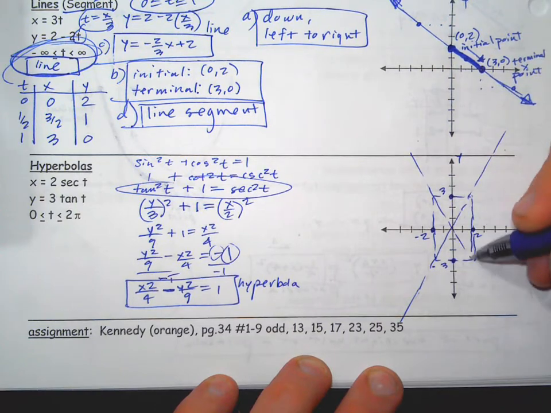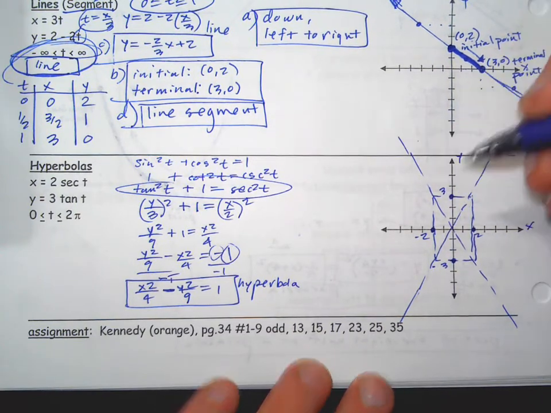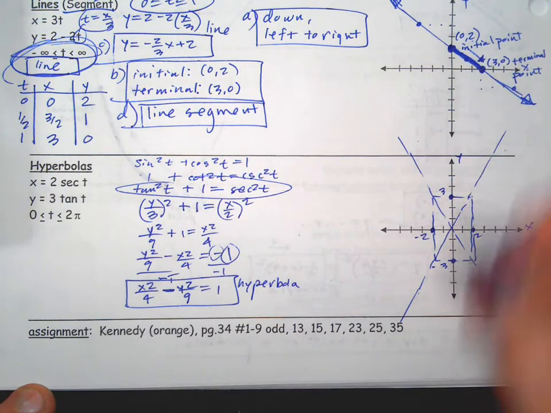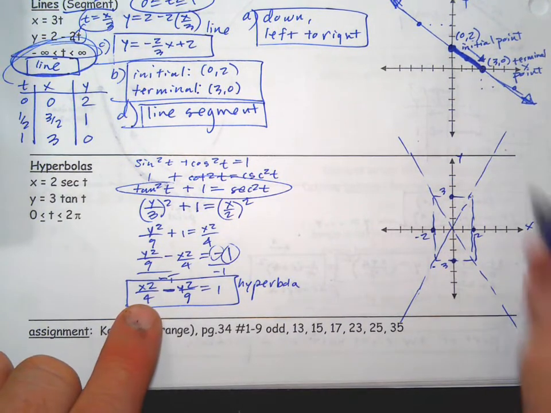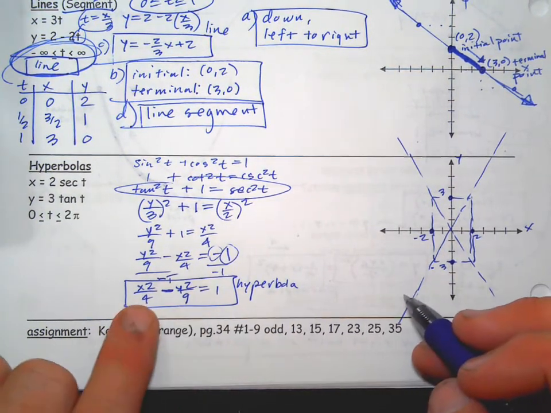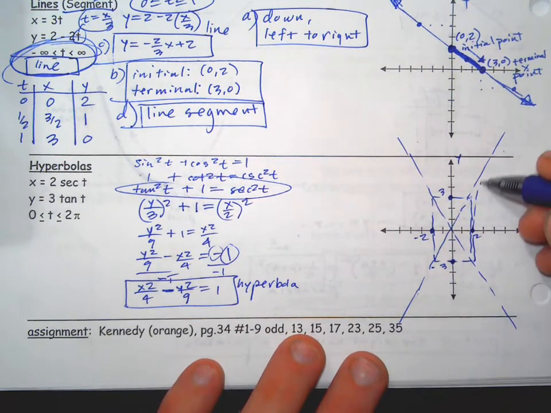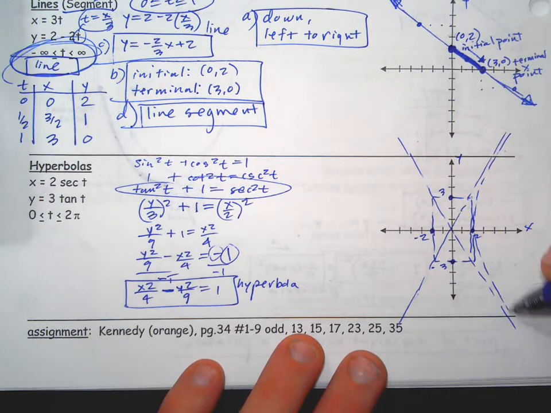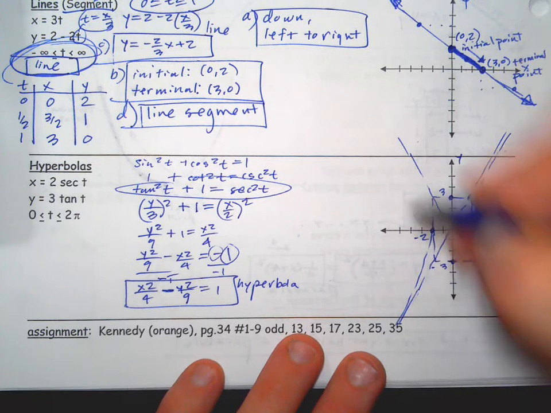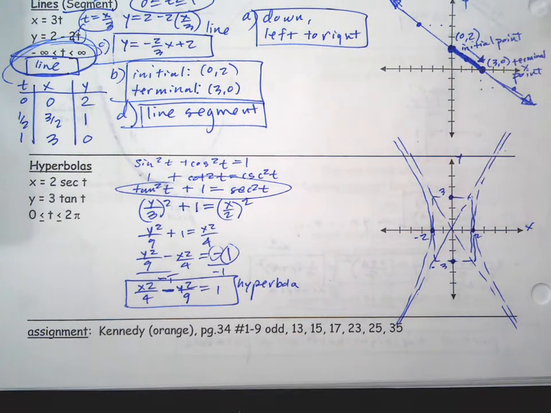I need those on the graph, and they help you make your graph better. The hyperbola opens up and down if the y squareds are positive, or left and right if the x squareds are positive. So we can lightly draw it in. This is the right and left one, but it might not be the whole thing.